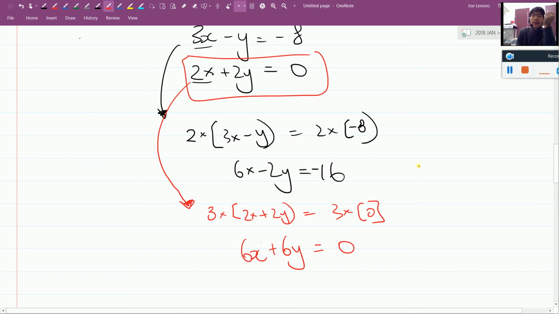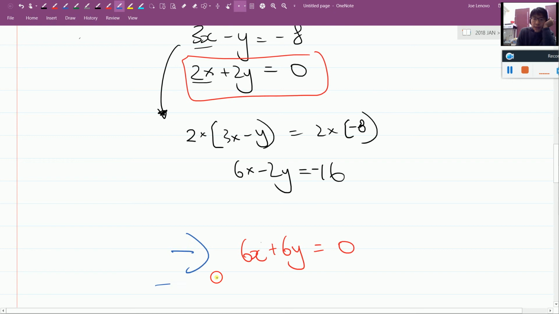Then, as I said, we do the subtraction method. Subtracting, 6x minus 6x equals 0.